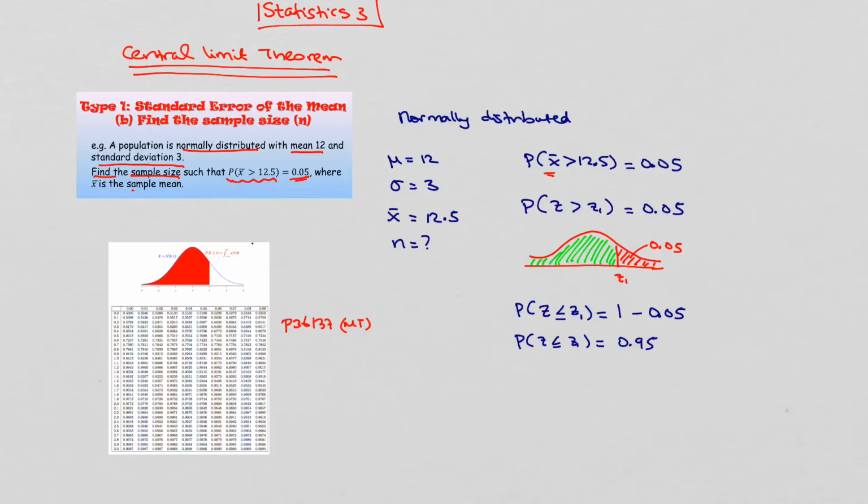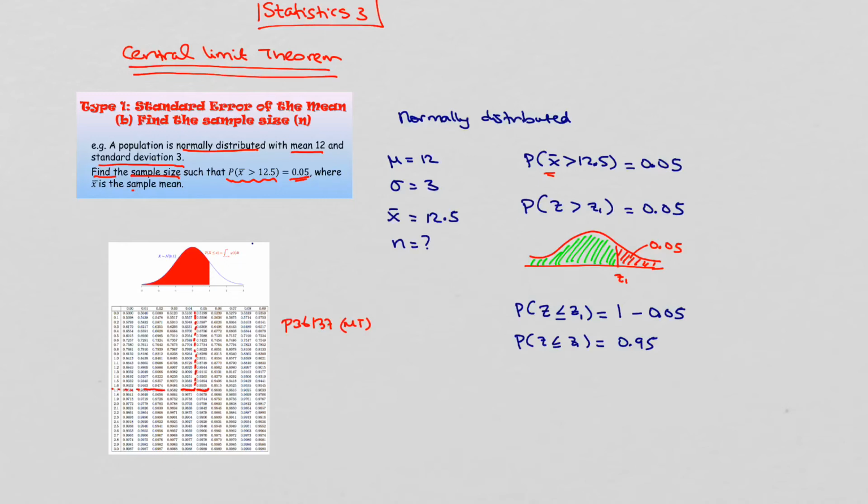So I'm going along and I'm looking for 0.95 from my tables. And I have 0.9505, or I have 0.9495. Now, basically, that is 5 below and 5 above. So it's actually smack bang in the middle of these two values.